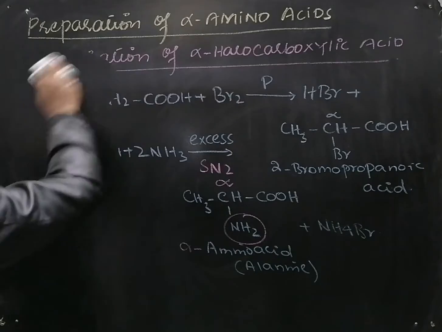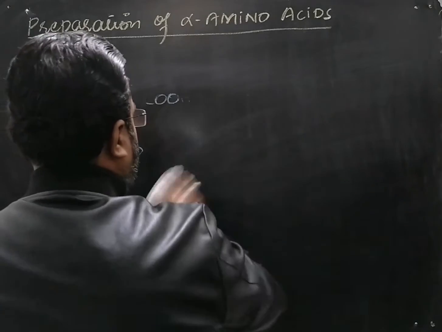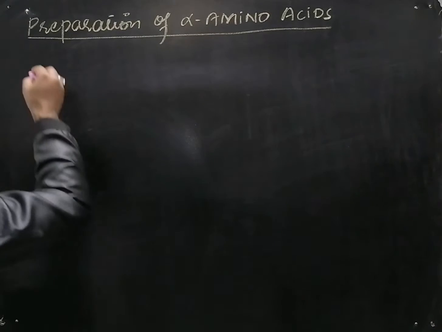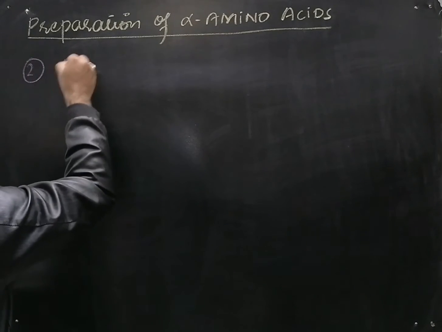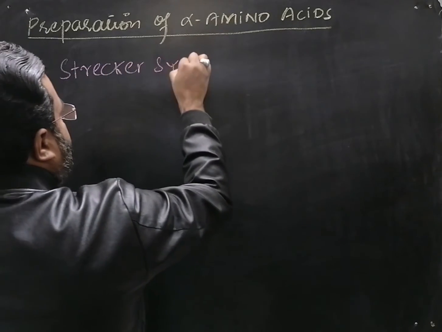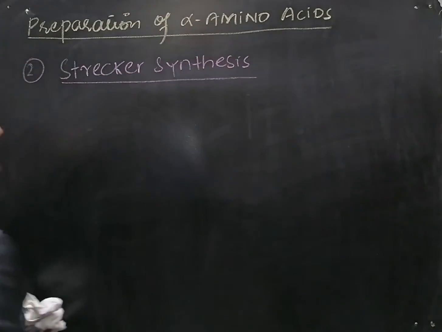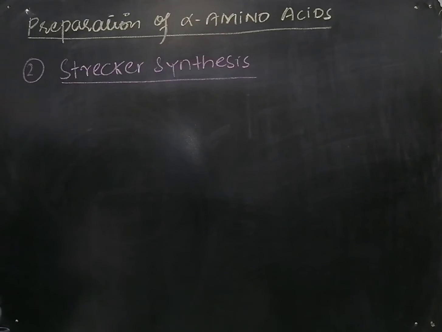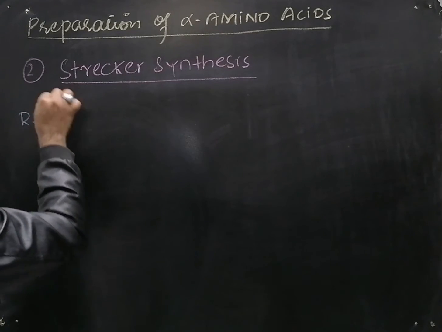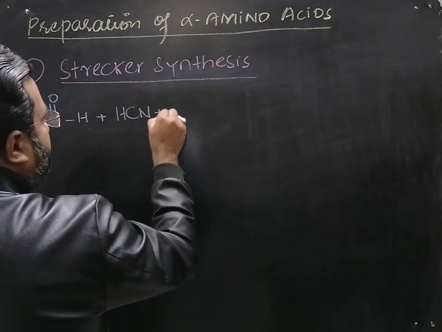Now let us study the second method, which is a very famous one. And it is basically Strecker synthesis. Now in the Strecker synthesis, the aldehyde is made to react with hydrogen cyanide and ammonia.